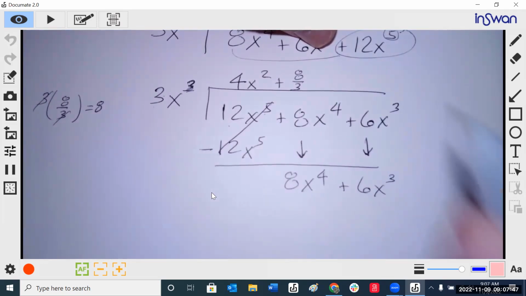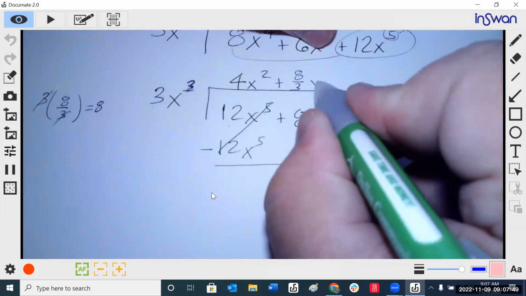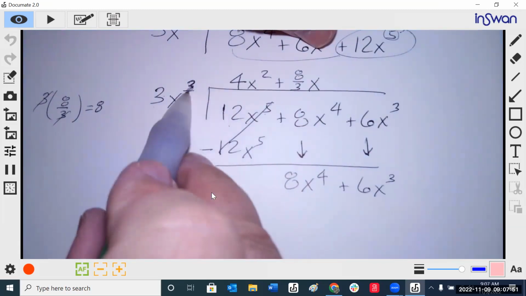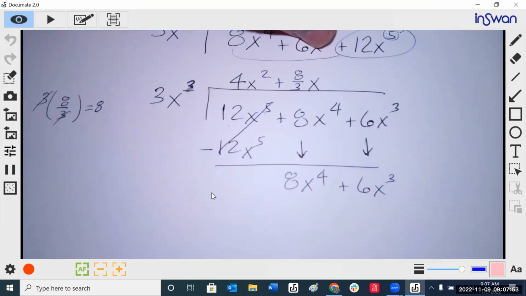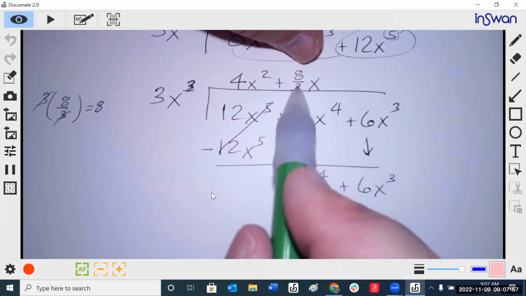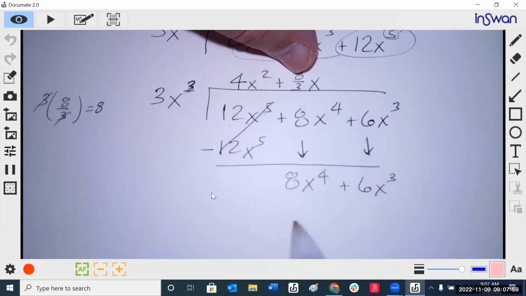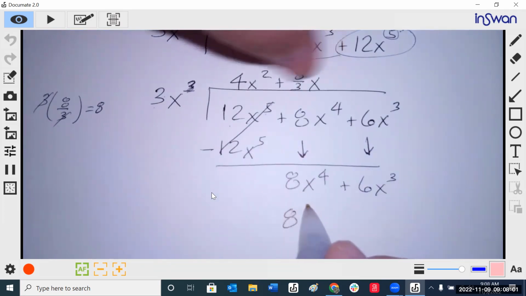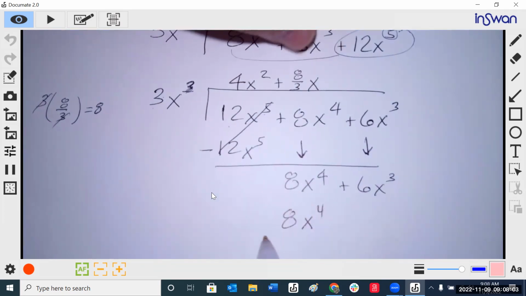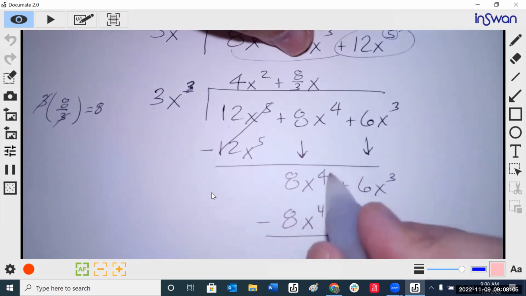How many x's are we missing? Just 1. Because there's 3 there, we need 1 more. So test it. 8 over 3 times 3, the 3's cancel, so we have 8. 1 plus 3 is 4. Change signs and add.